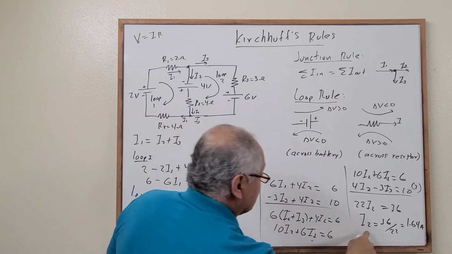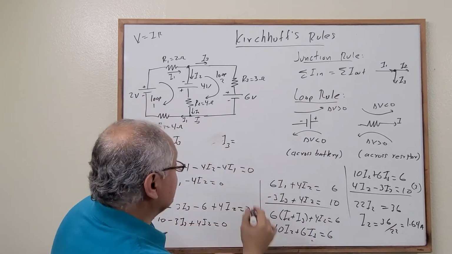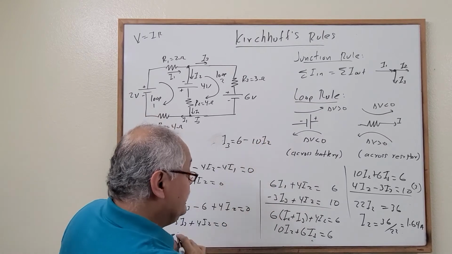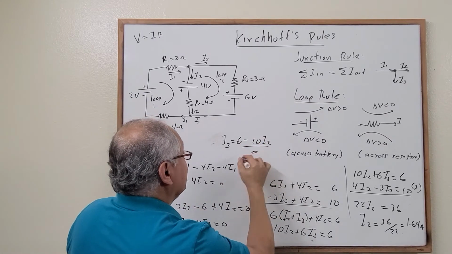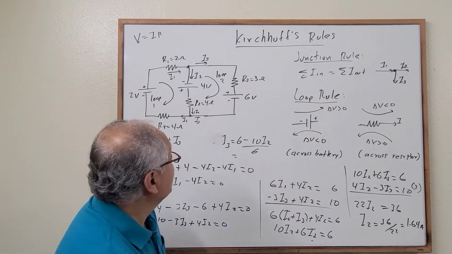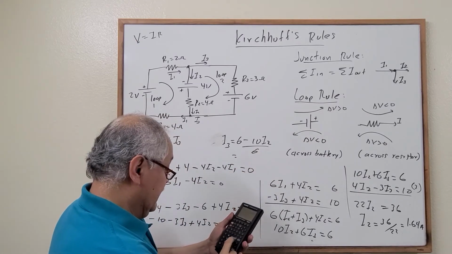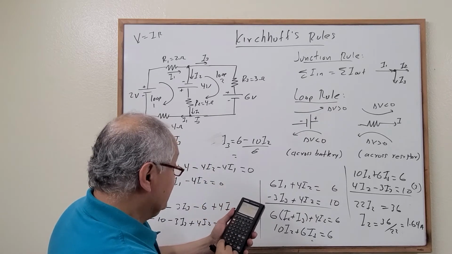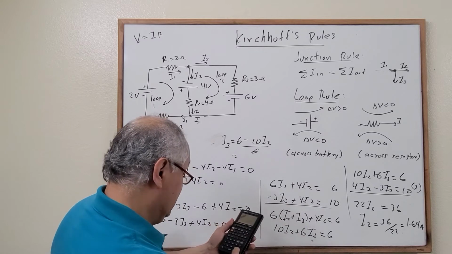Current 3 is equal to 6 minus 10 current 2, divided by 6. Okay, let's find it. Equals 6 minus 10 times that quantity, correct?